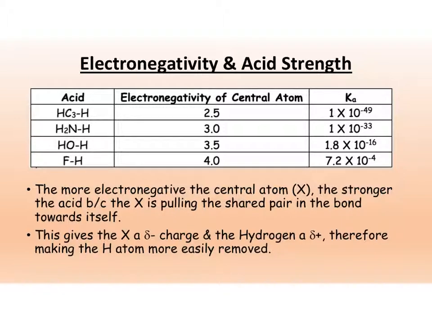The larger the Ka value, the stronger the acid. The electronegative element, so F or O or N or C here, pulls the electrons away from the H and towards itself, which weakens this FH bond. It gives you a partial positive, partial negative, a dipole. Because of that, it makes the H easier to fall off, and we know the easier H falls off, the stronger the acid.